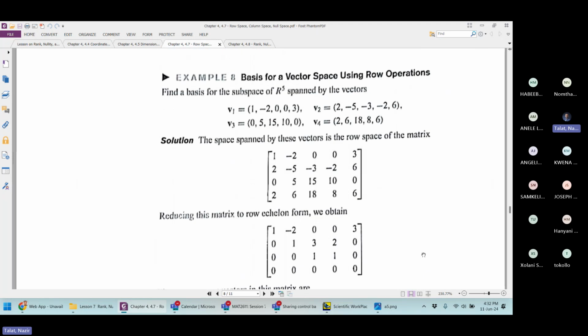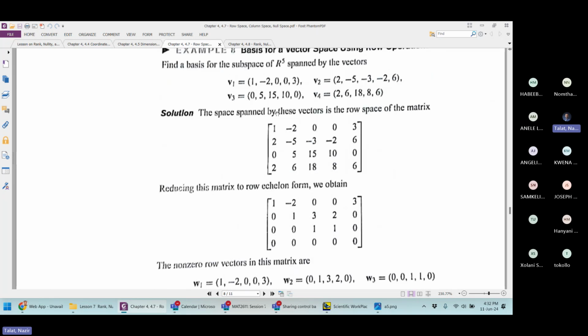Here we also find the basis of a subspace of R5 spanned by these vectors. Write the vectors in matrix form as columns, and then apply the elementary row operation.